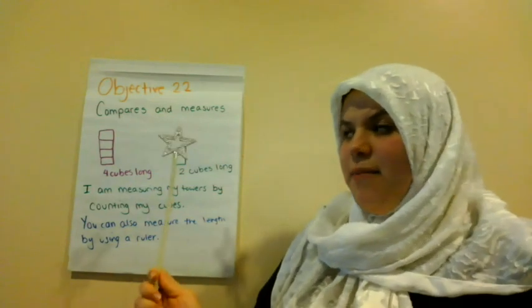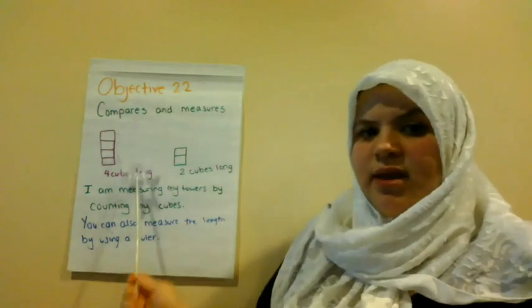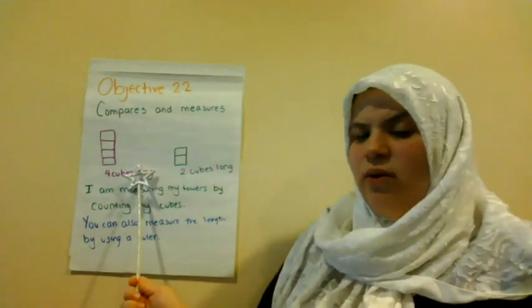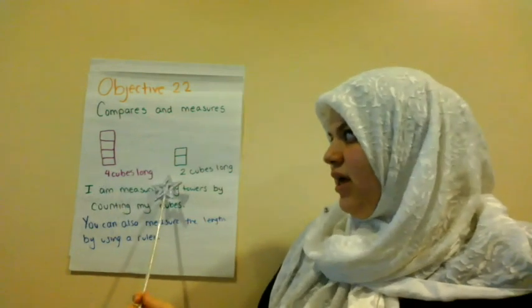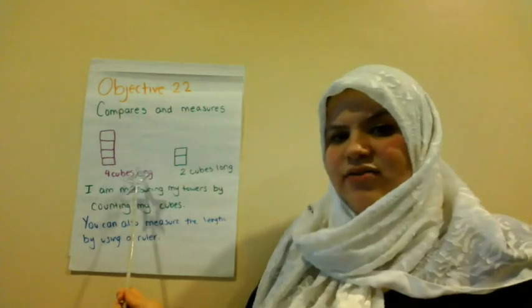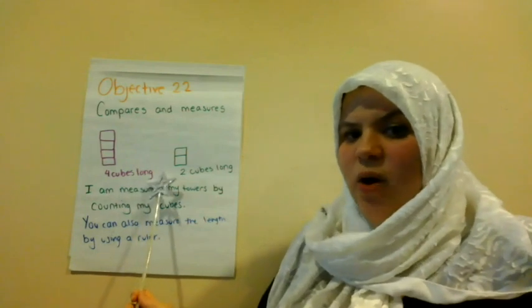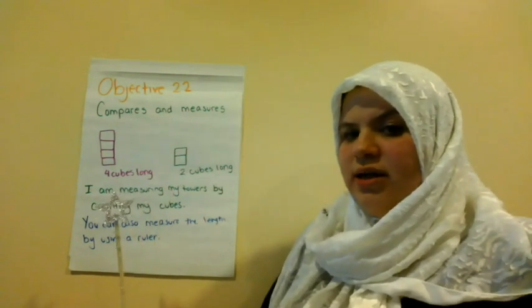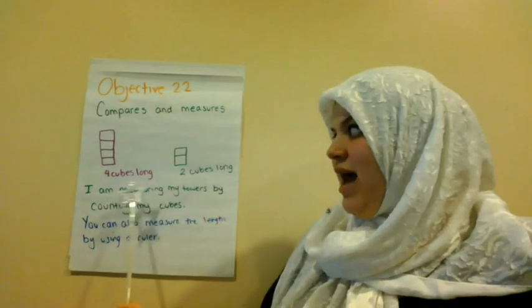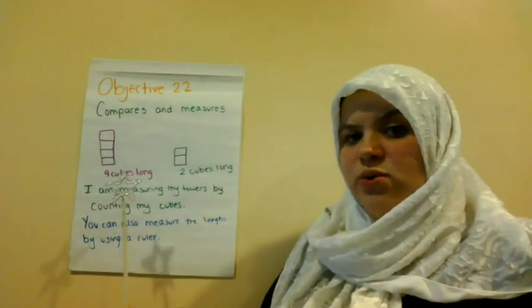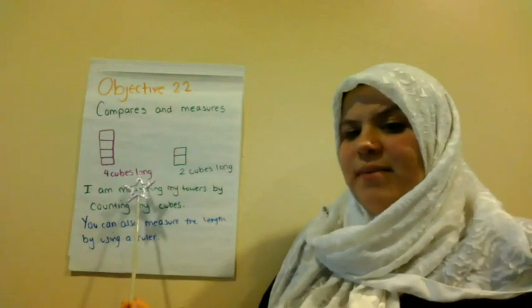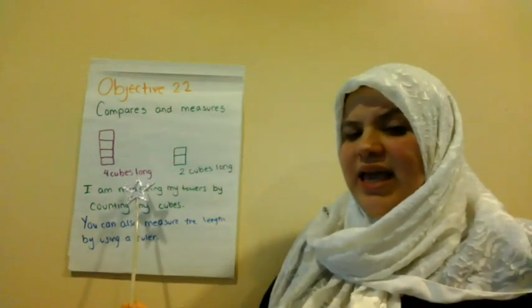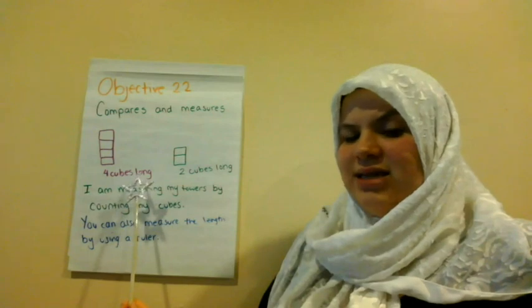So look over here at my poster. I have two towers. I have a purple tower and I have a green tower. I have to decide which tower is taller. For these towers, I'm going to count the number of cubes to tell me how tall each tower is.